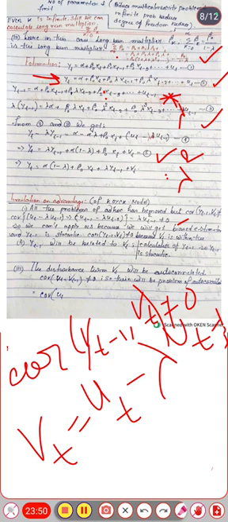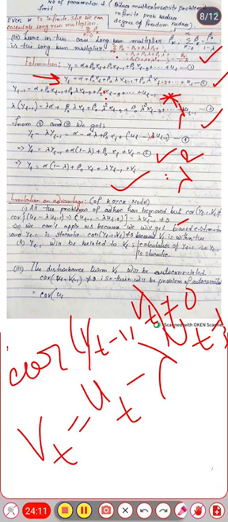The correlation between yt minus 1 and vt is not equal to 0 because ut is within the calculation of yt minus 1. From this last equation there is a correlation between vt and yt minus 1.